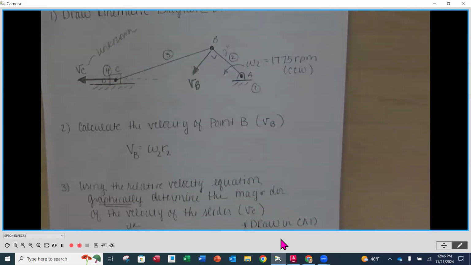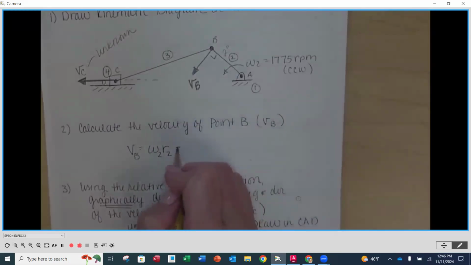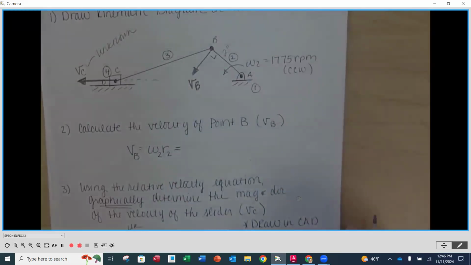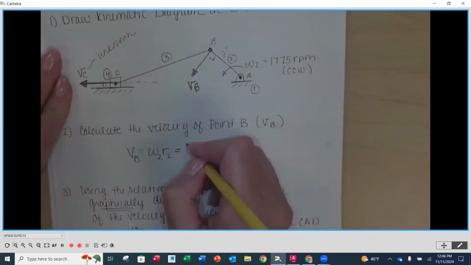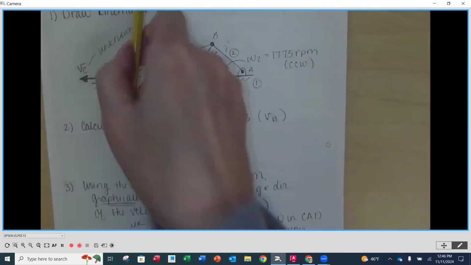We cannot directly put in revolutions per minute. We need to convert ω2 to radians per second and then use it in our equation. Okay, so I'm going to say equal to, and we're going to put in 1775.